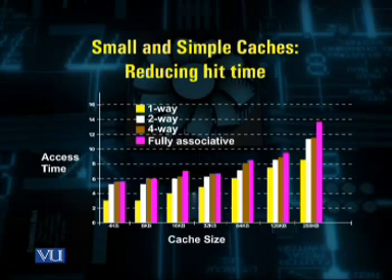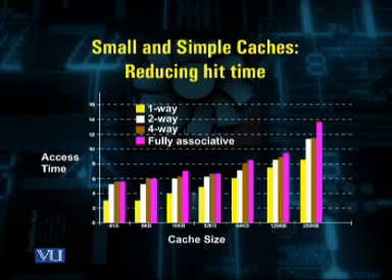Note that depending on the cache size, the direct mapped, that is one-way associative, cache is 1.2 to 1.5 times faster than the two-way set associative cache.